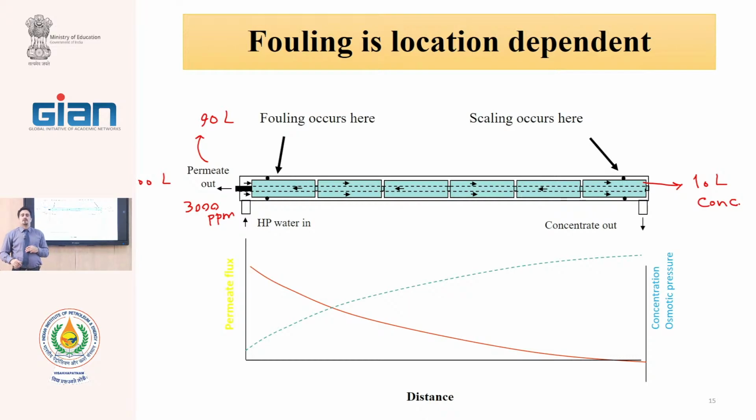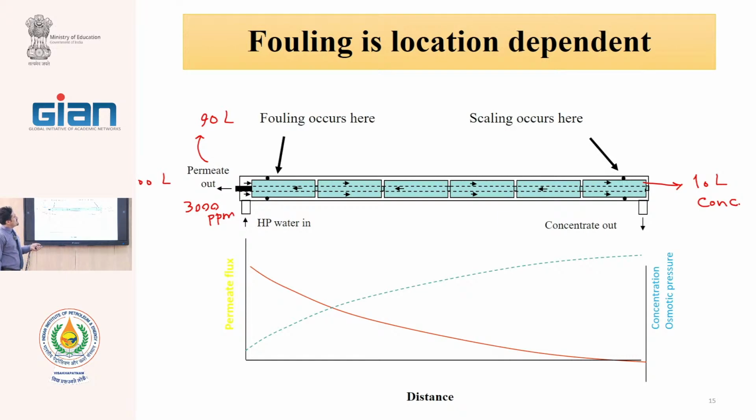When we have a 90% recovery, that means 90% of the feed will be recovered. That means if we have 100 liters of feed, 90 liters will be permeate, and 10 liters will be concentrate.